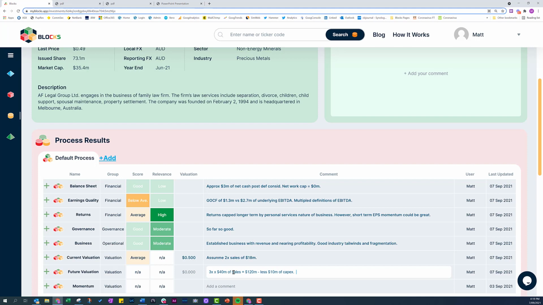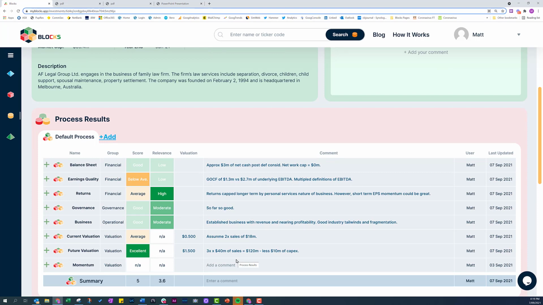That gives about 110 million enterprise value for the business. On the current share base, that'd be about $1.50. That gets an excellent rating because obviously $1.50 is about 3 times higher than the current share price, over 100% above the share price, and 100% above the share price in my system gets an excellent rating.